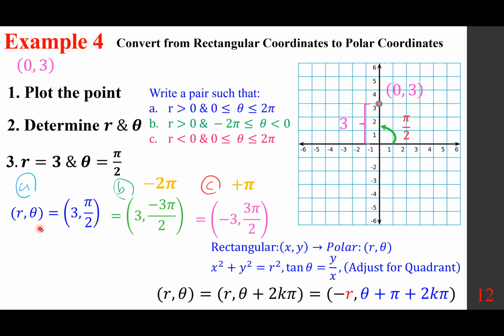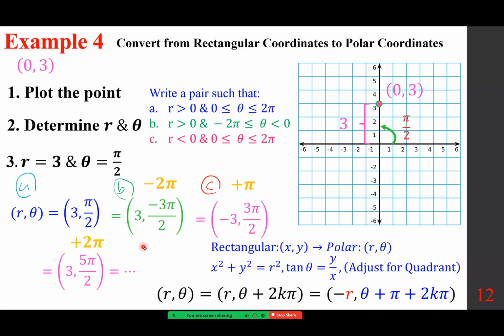Now, just for the sake of argument, if I want others, for example, if I add a 2 pi to this, everybody, 3 and 5 pi over 2 represents the same point, and I can continue indefinitely.